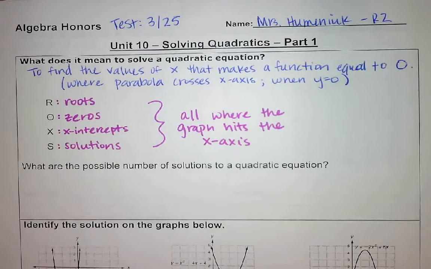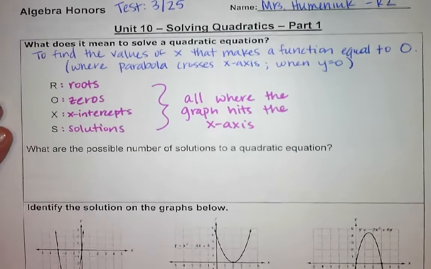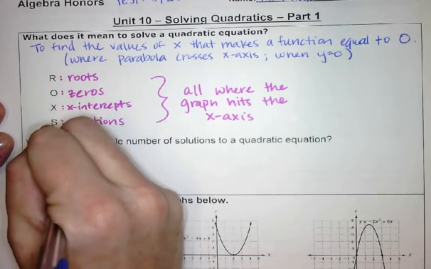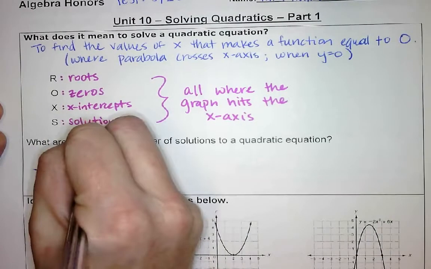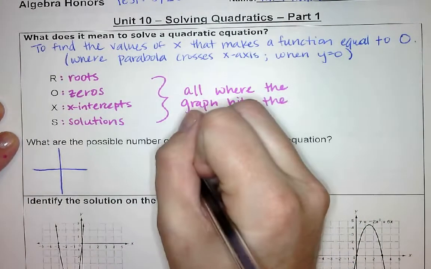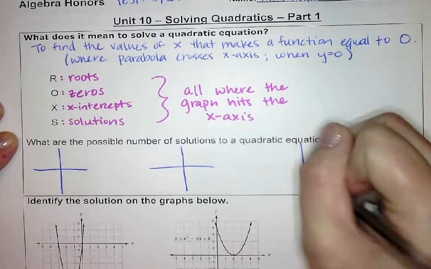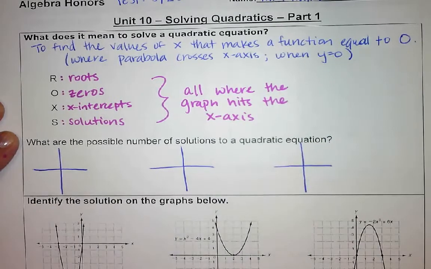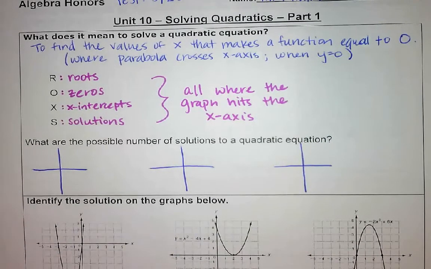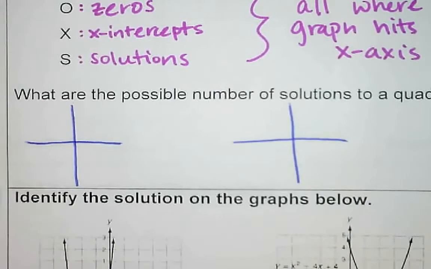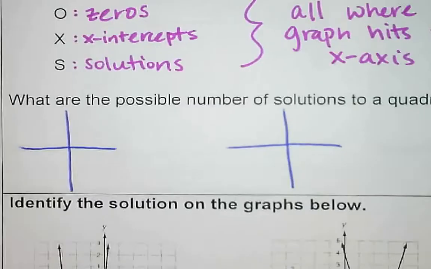And there are 3 different possible numbers of solutions that we can have. So I'm going to go ahead and draw some little axes right here so that we can have these on here. All right, so there are 3 different types. So what are the possible numbers of solutions to a quadratic equation?